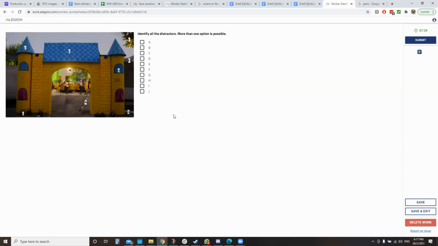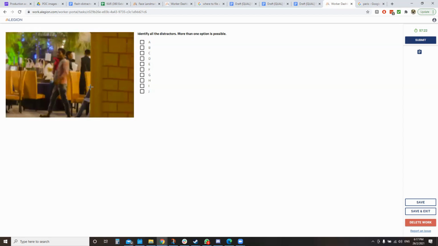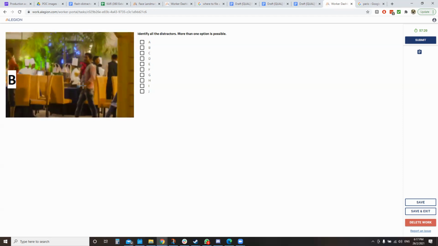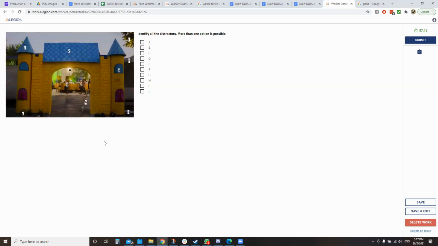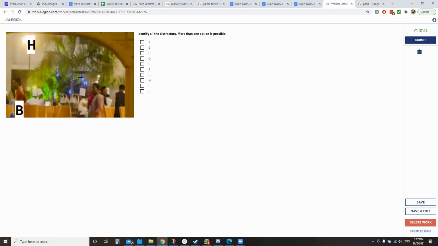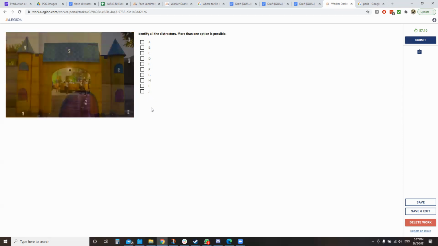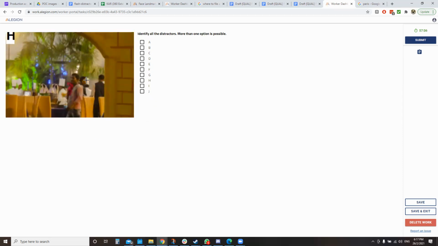What about the trees inside, Shabin? Which one? The trees inside? Oh, this tree. Never mind. As I said, if it's too far, it's not really the focus.